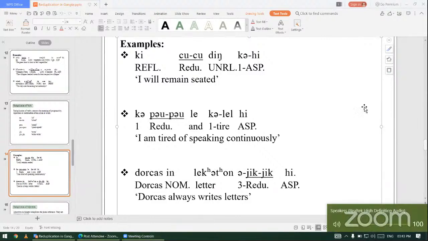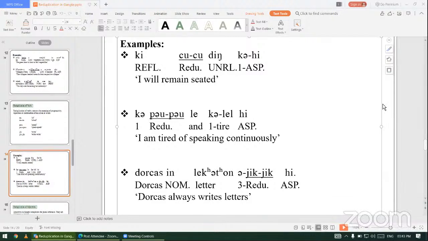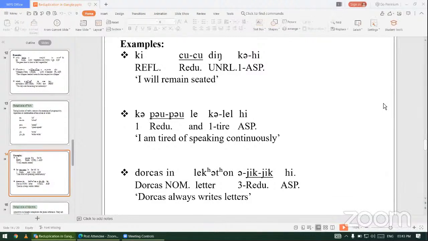Kei ki chu chu ding kahi. This is a good sentence. Yes, the full pronoun can occur, not the agreement pronoun. The agreement marker, like in Mizo and Mar, cannot occur here. Only the full pronoun can occur.